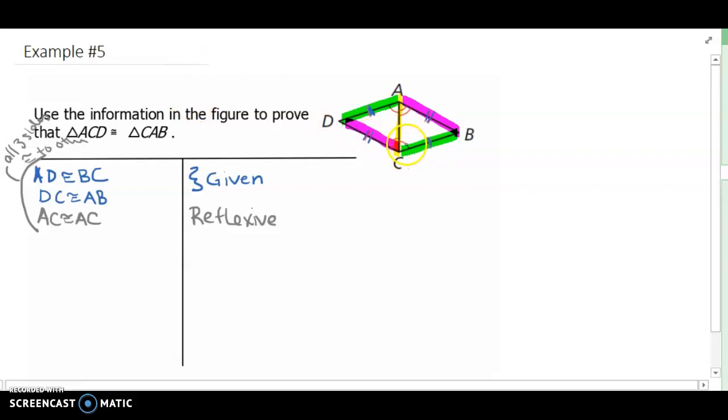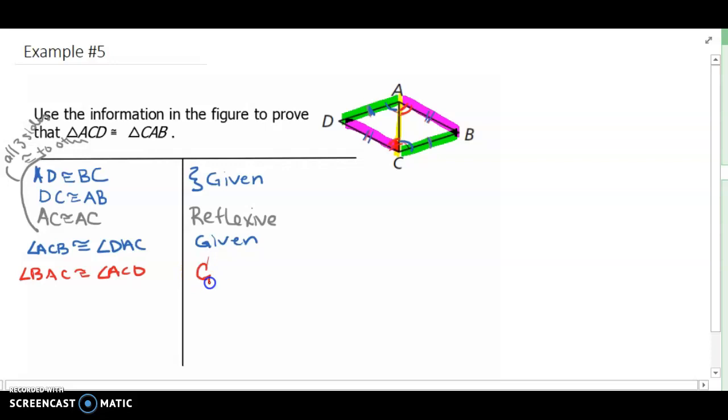Okay, well looking up here, I have that angle ACB is congruent to angle DAC. That's given. And I also have that angle BAC is congruent to angle ACD.